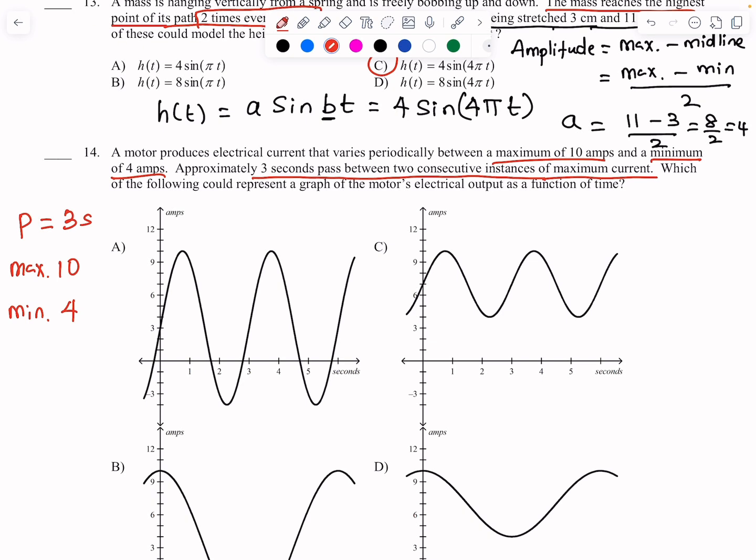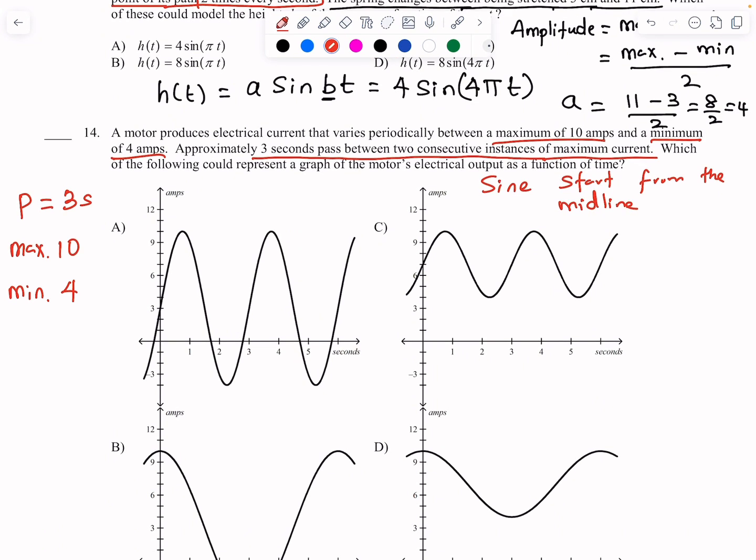So now to pick the best answer, all I know is that I have to find the midline. So if you think about it real quick, the sine graph is going to start from the midline. So remember, your sine starts from the midline, and then your cosine is going to start from the maximum.